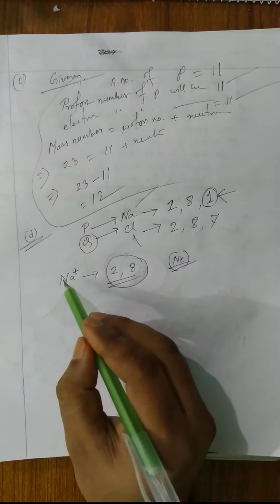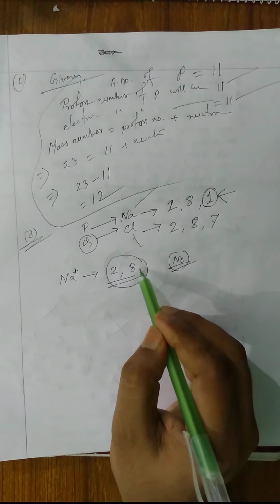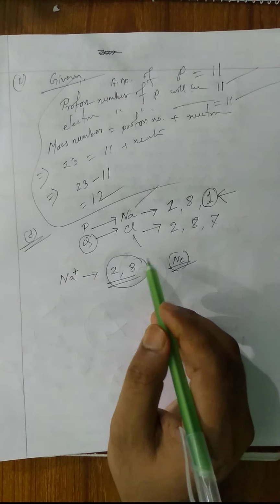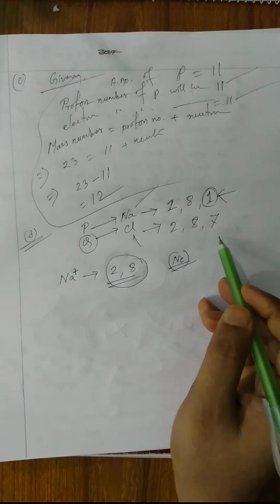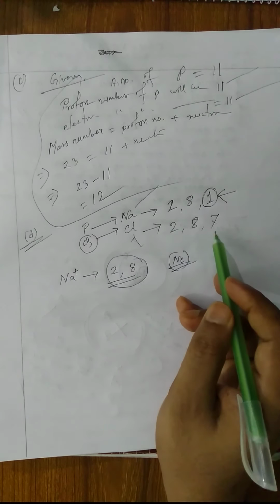Next, this eliminated electron is accepted by chlorine in its outermost orbit.